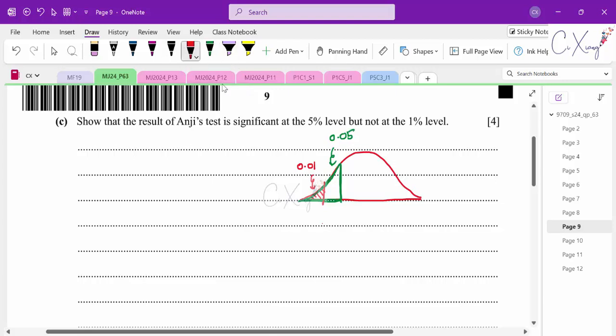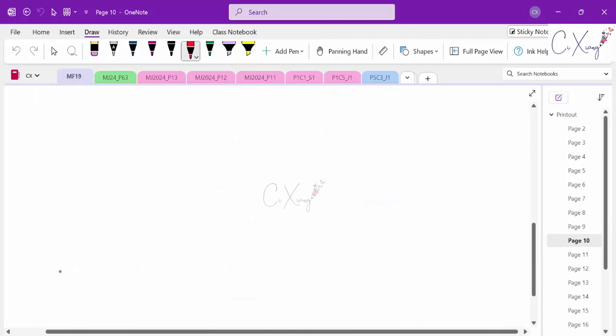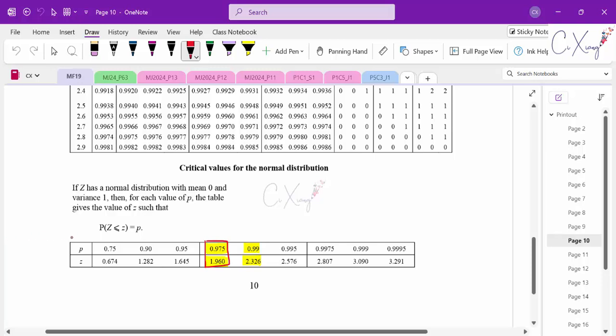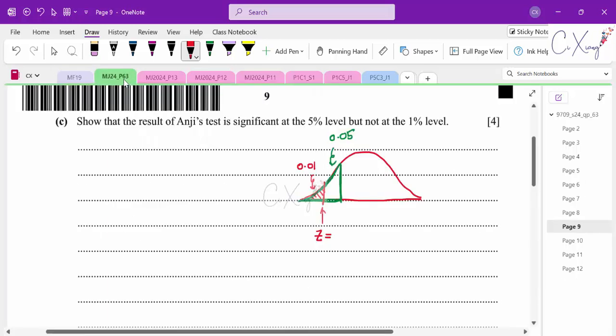I want to know the exact value for the red color one, the critical value. For the 1% test, you are looking for 0.99. So you have 2.326. This is negative 2.326 because it is on the negative side.